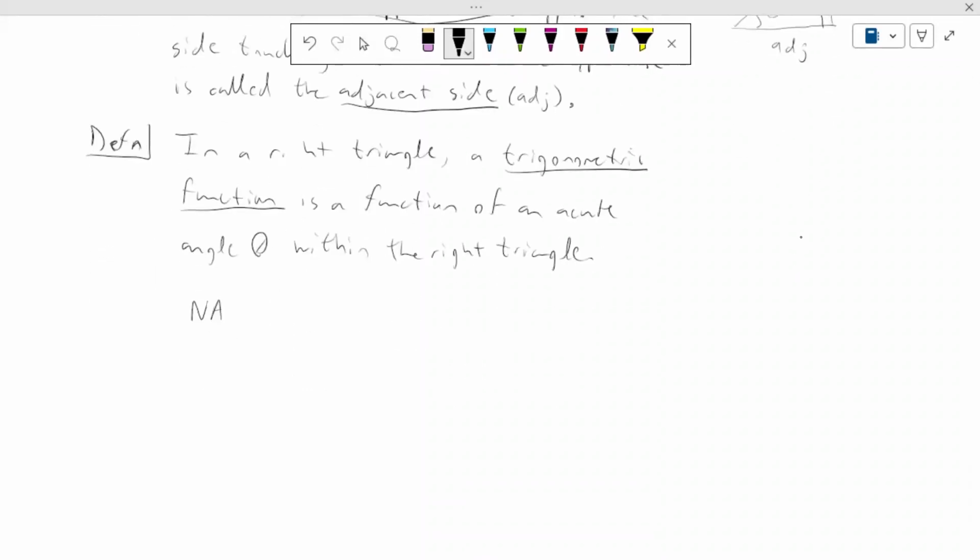I'll have a name for the function, their whole name, and then I'll have an abbreviation, and then I'll have what it's equal to. Okay, so just have a nice little chart over here.